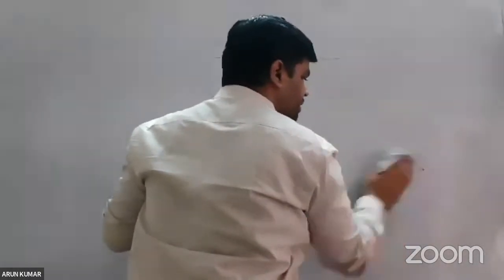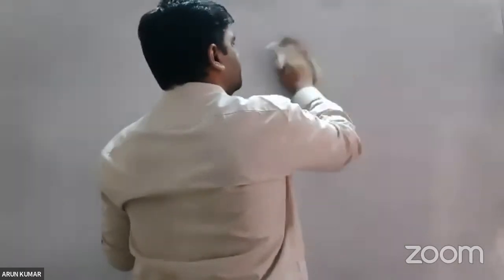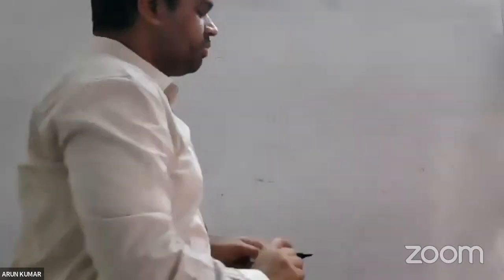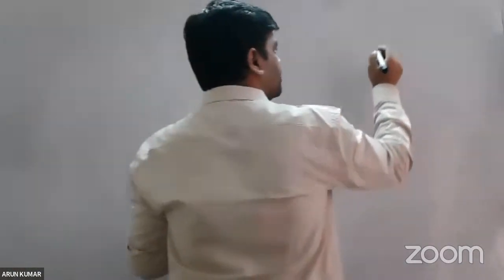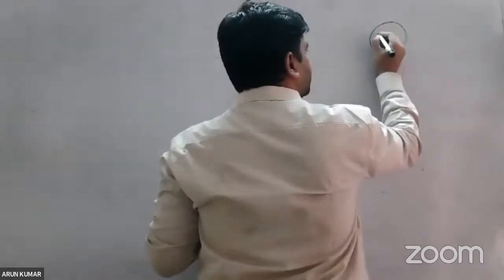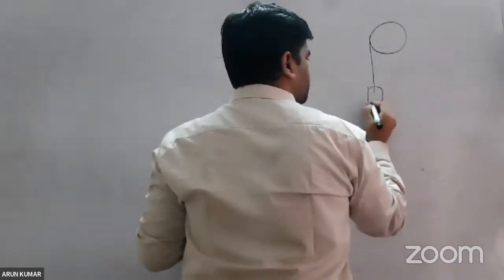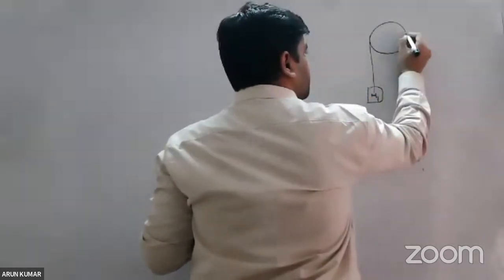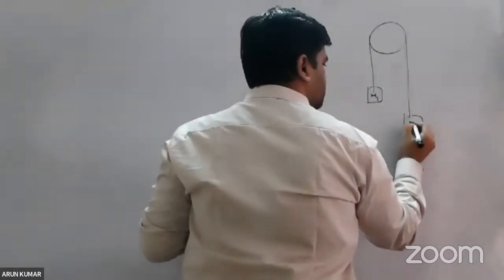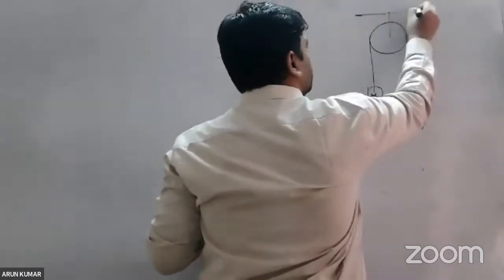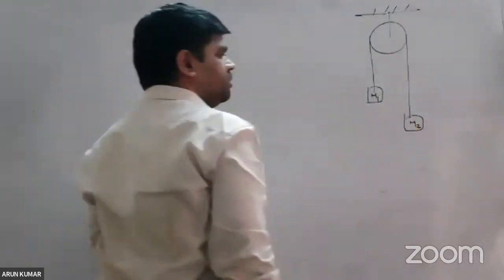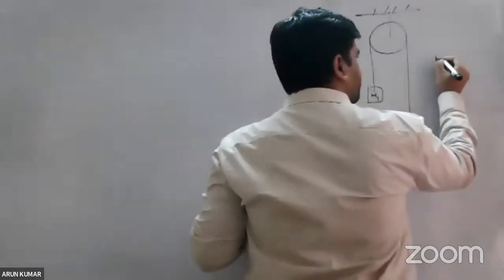I mean, be attentive and remember the points. Now let's see how to find the tension and acceleration of the blocks. I'm going to put it like this. One block is M1, the other block is M2. Let us say M2 is greater than M1.